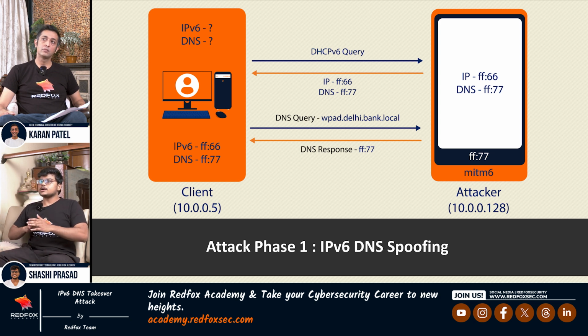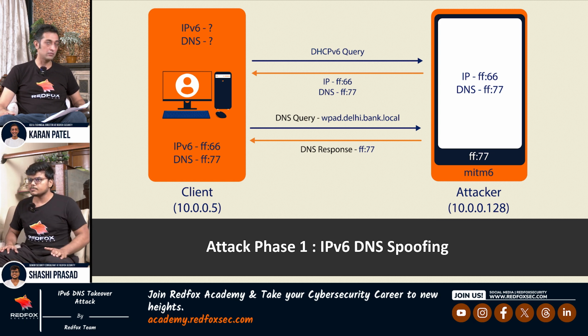So right now we are going to the attack phase. Just to remind the audience, let me again tell them what the IPv6 DNS takeover attack is. IPv6 is enabled by default on Windows systems, and in its default configuration, it is misconfigured. So what attackers can do is exploit this misconfiguration.